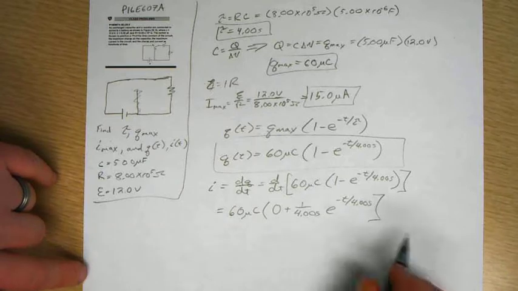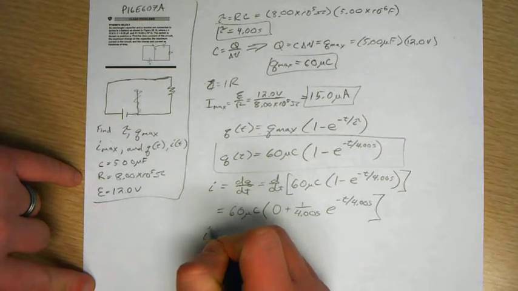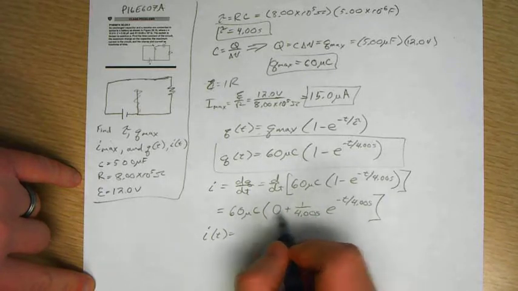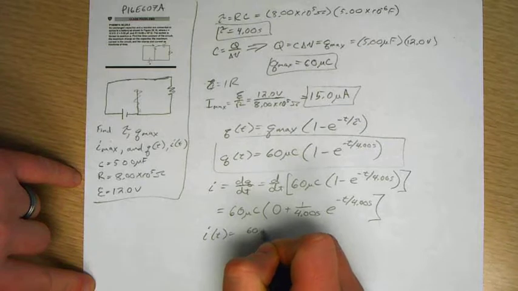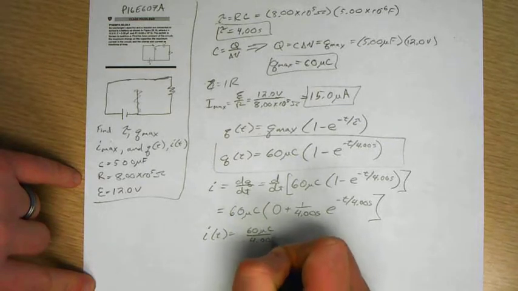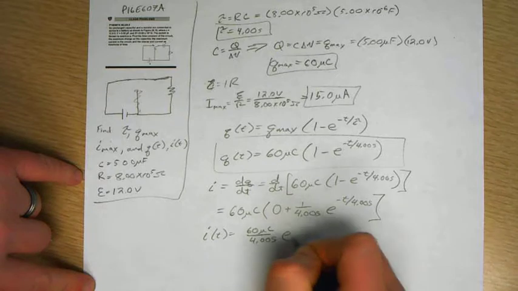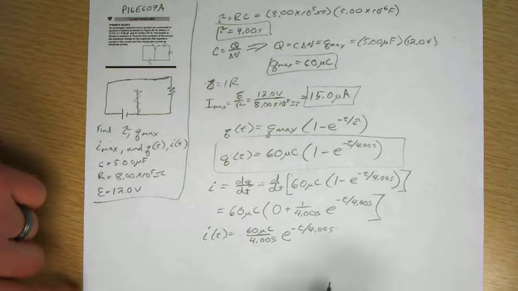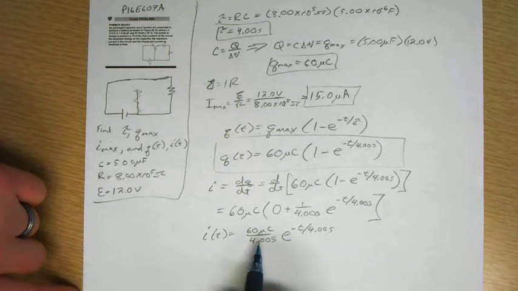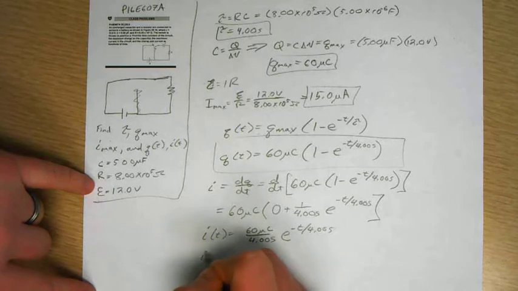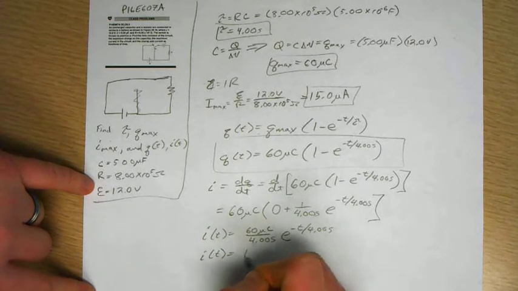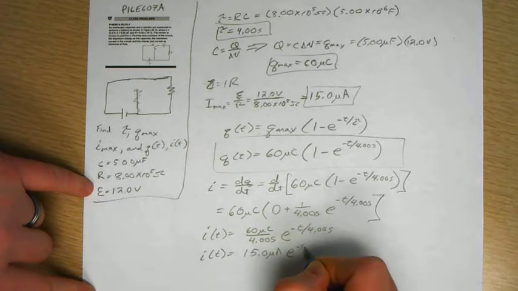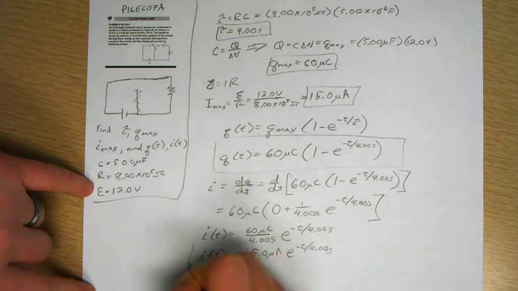So i as a function of t is equal to, multiply this out, that 60 times 0 is 0, 60 microcoulombs over 4.00 seconds, e to the negative t over 4.00 seconds. All right. Let's see. 4 into 60 is 15. i of t equals 15.0 microamps. Carry the micro, e to the negative t over 4.00 seconds.